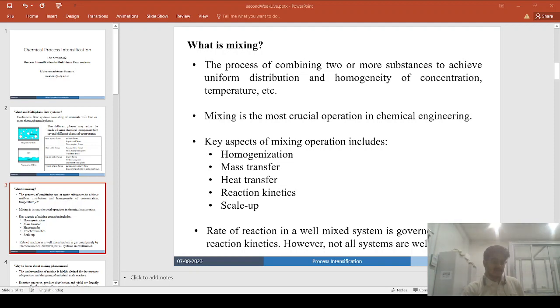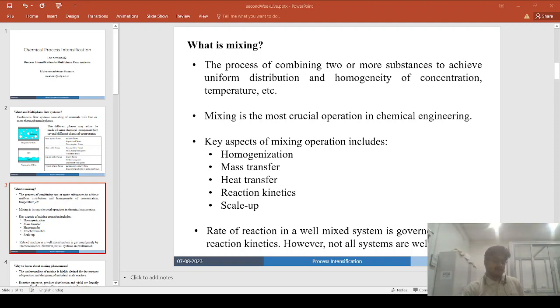You are trying to mix them in such a way that in whatever spatial location you look, the mixed volume should be the same in any differential spatial volume you have considered for study. That is basically homogenization. How well can you homogenize a mixture consisting of two or three immiscible phases?